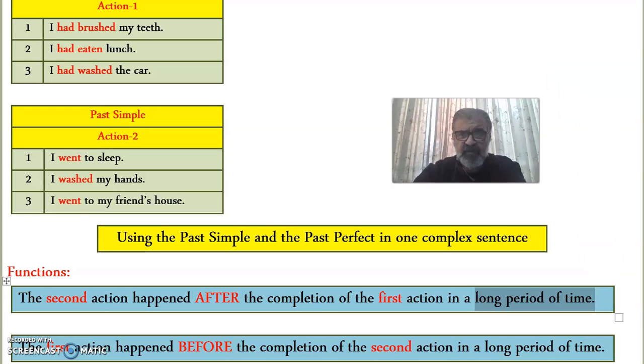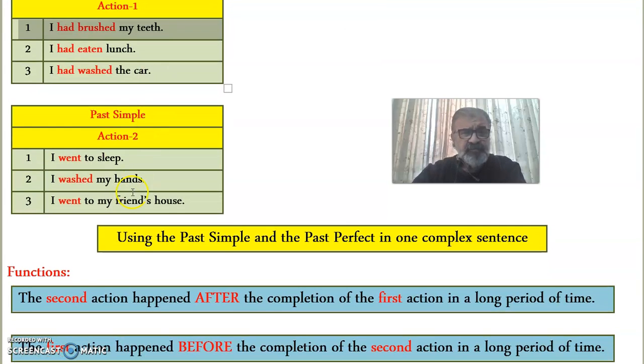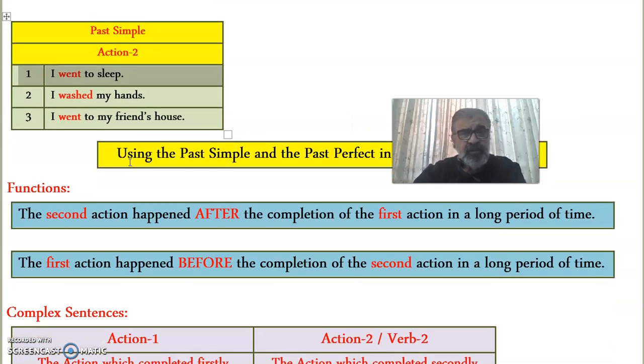So again, the second action happened after the completion of the first action in a long period of time. Or you could say the first action happened before the completion of the second action in a long period of time. As easy as that.